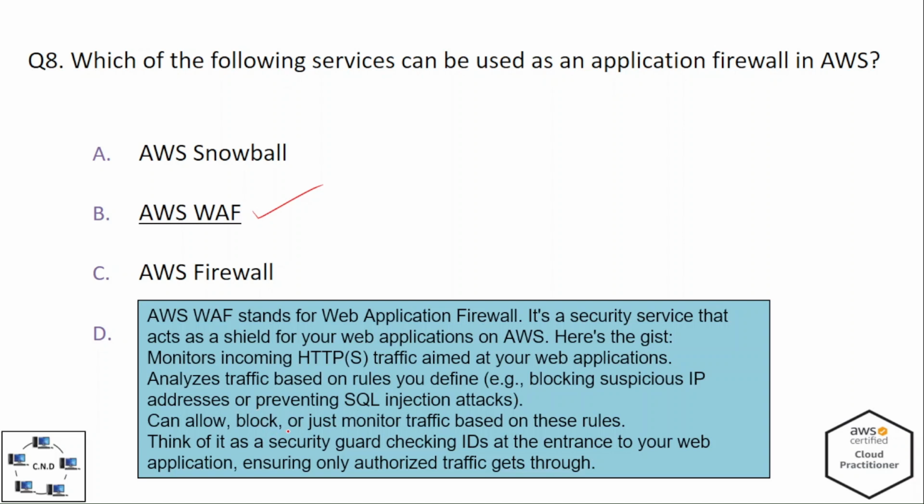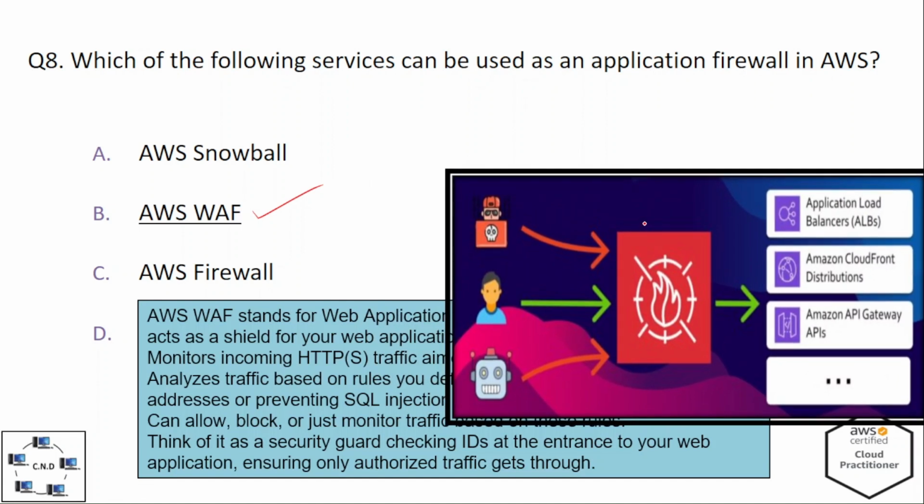It can allow, block, or just monitor specific traffic based on these rules. Think of it as a security guard checking IDs at the entrance of your web application, ensuring only authorized traffic gets through.